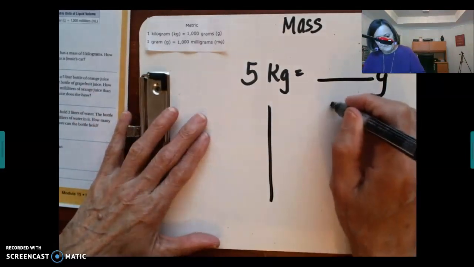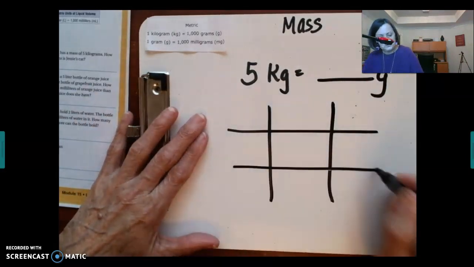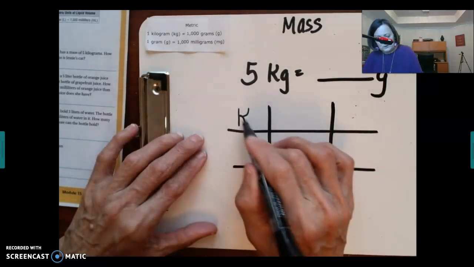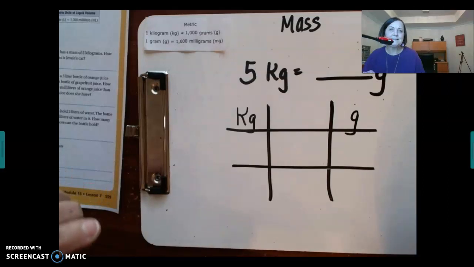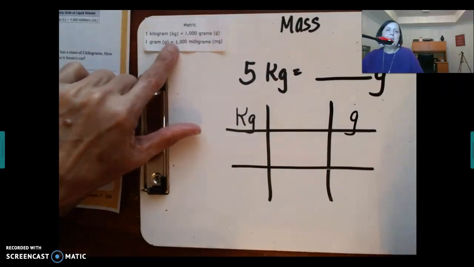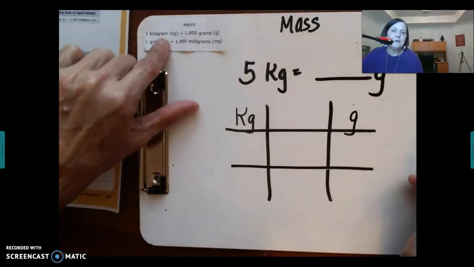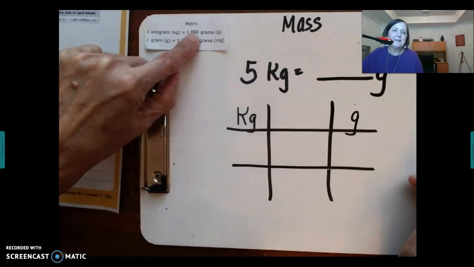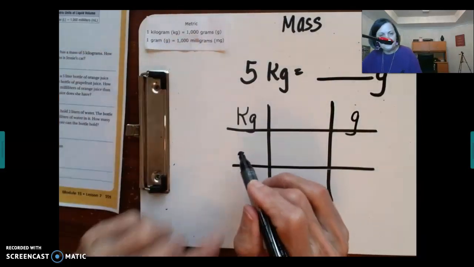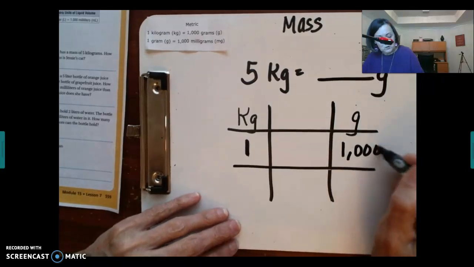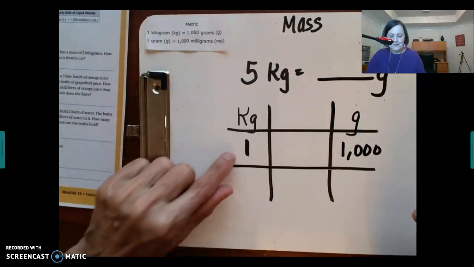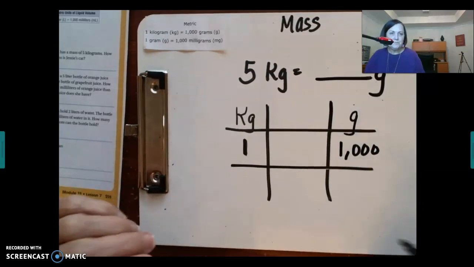All right, you should have made your tic-tac-toe. Here we go. And then you should have labeled your columns. Always label, please. Check for your rule. 1 kilogram equals 1,000 grams. You should have put your 1 there and your 1,000 here. And what was your rule?